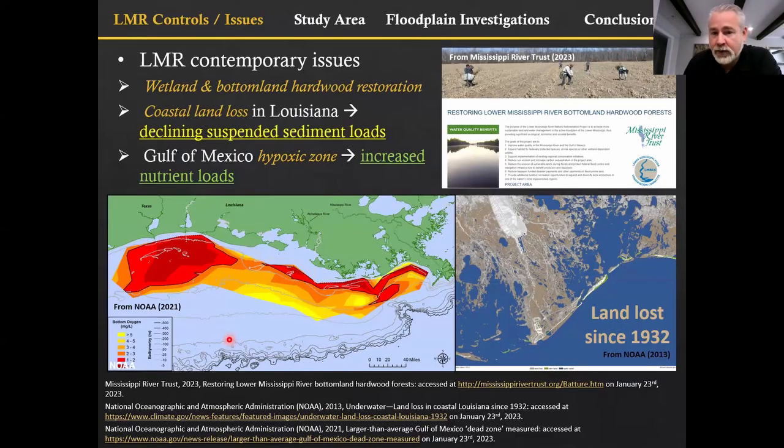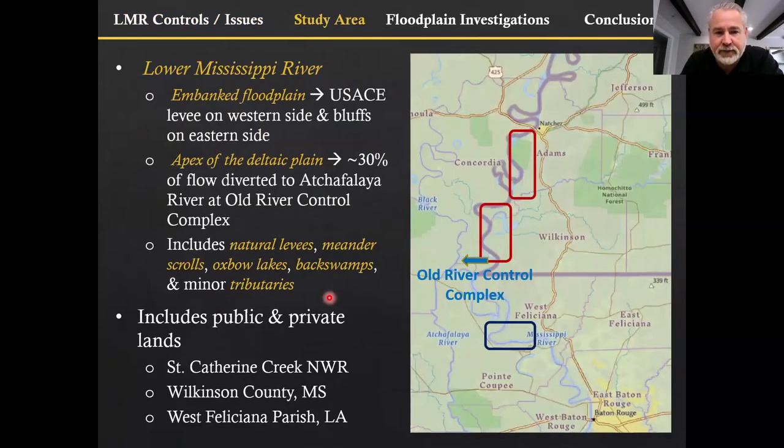So the sediment loads are declining while we're also confining the river in the embanked floodplain between artificial levees, which doesn't allow that suspended sediment to effectively mitigate against coastal land loss in Louisiana. Nutrient loads, of course, extend out into the Gulf of Mexico, causing hypoxic zones, and there are other types of restoration projects of floodplains further upstream.